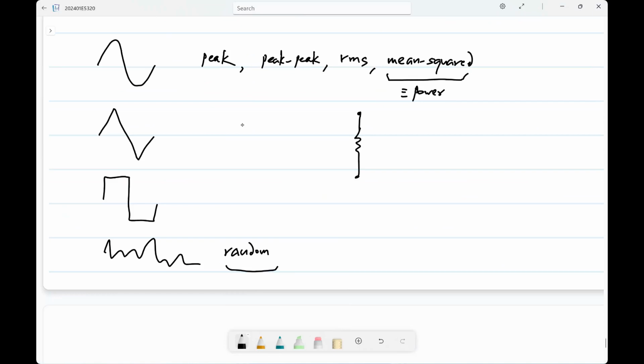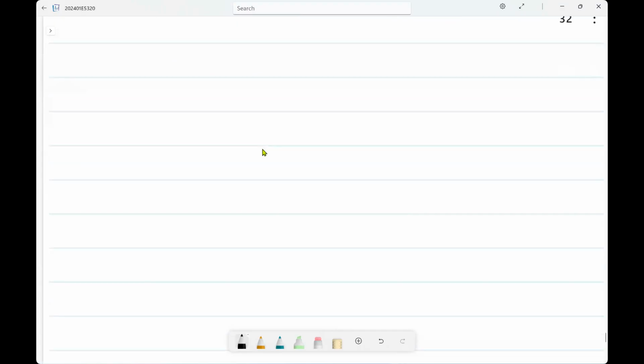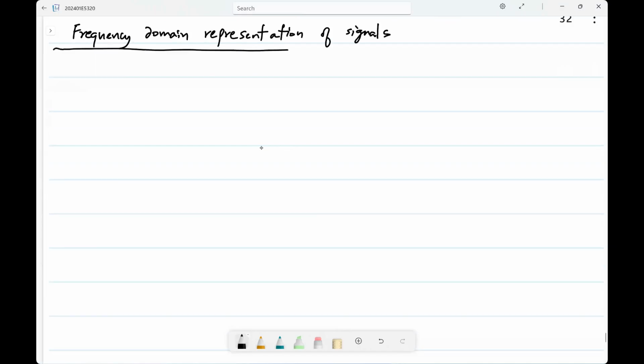Now to do that, let's revisit frequency domain representation of deterministic signals. We'll start with deterministic signals.